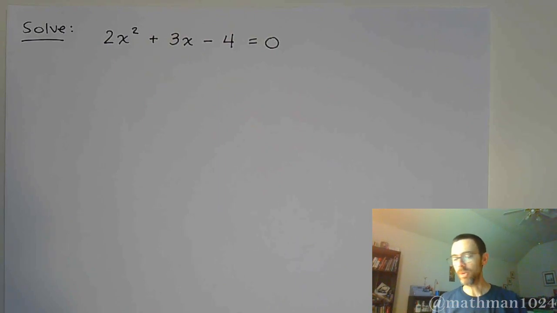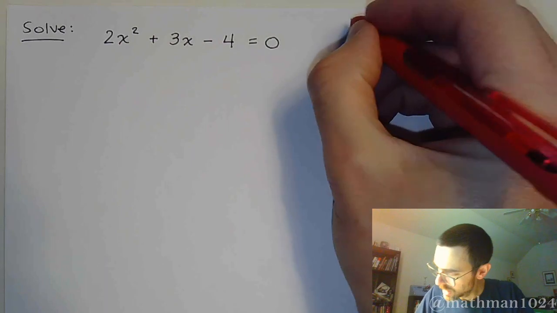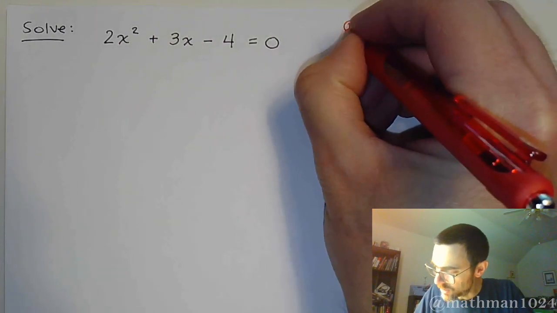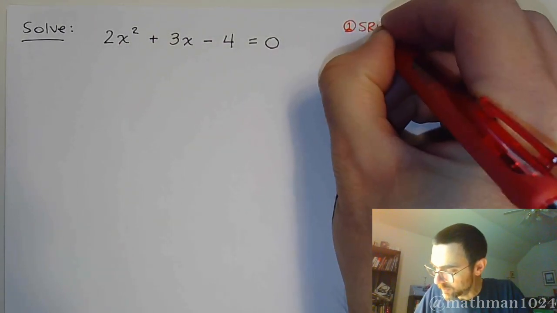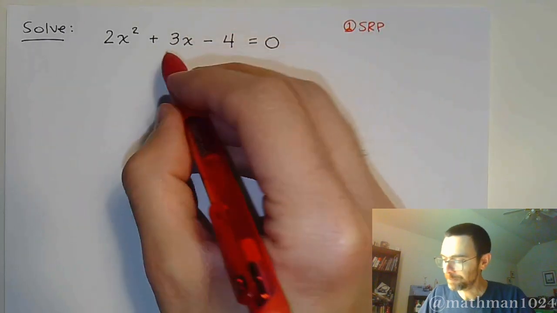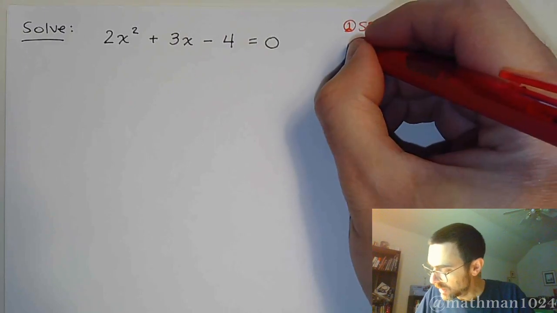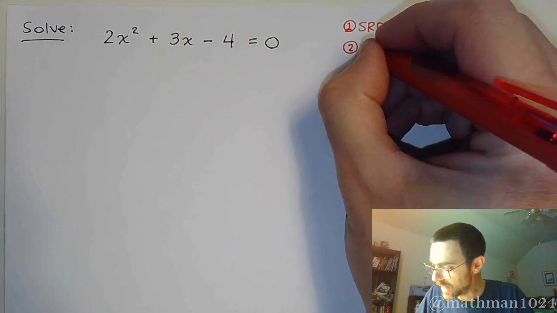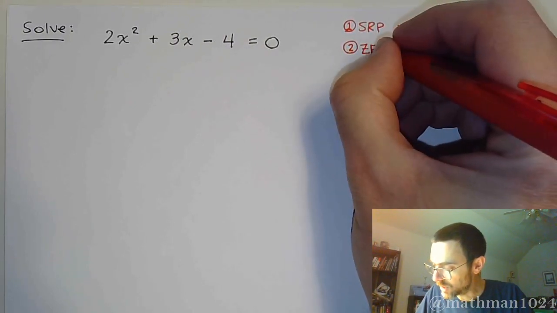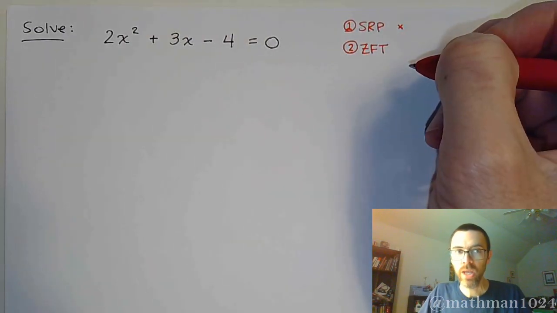So if we work through this problem, we think about the ways we have for solving this. We could try to use the square root property. However, you have two instances of x, so that's not going to work. The next thing we would try to do is factoring, trying to apply the zero factor theorem to this problem.